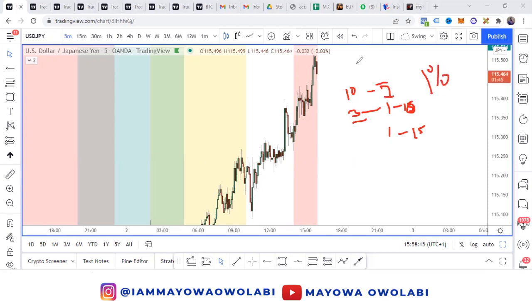If it is $1,000 that I'm using and I'm wrong 7 times and I'm risking 1%, 1% of this is $10. So that is 7 times 10. So that means I've lost $70. So I have $930.